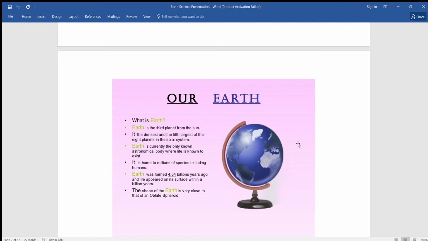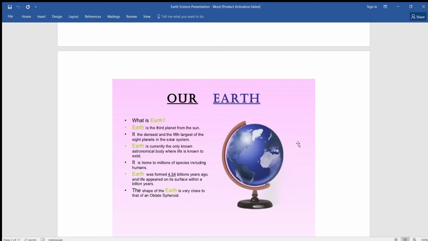Paano ba tayo nabubuhay sa Earth? That is one question na itatanong natin. Bakit ba, what makes the Earth habitable? Yun ang ating mga tanong. It is the right distance from the sun. Medyo malayo tayo sa sun. It is protected from harmful solar radiation by its magnetic field.